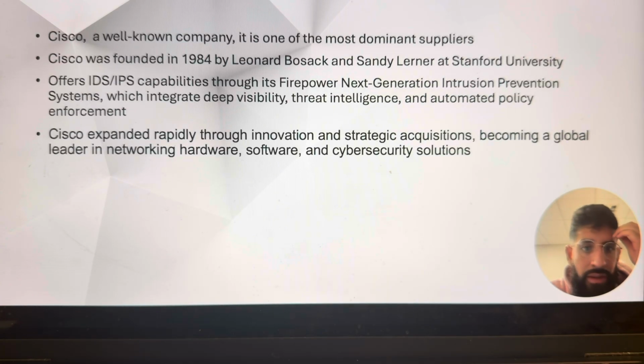Cisco is a well-known company. It is one of the most dominant suppliers. Cisco was founded in 1984 by Leonard Bosack and Sandy Lerner at Stanford University.